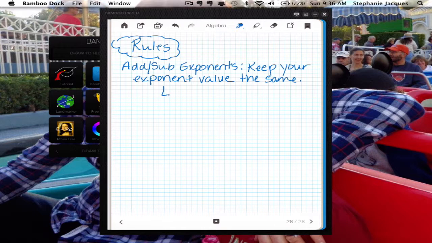And you must have like terms. So that's our first rule.